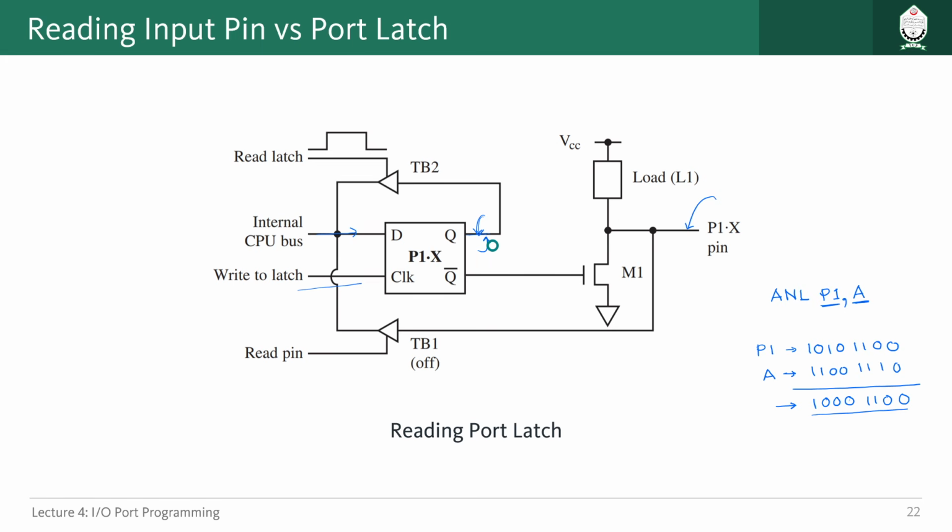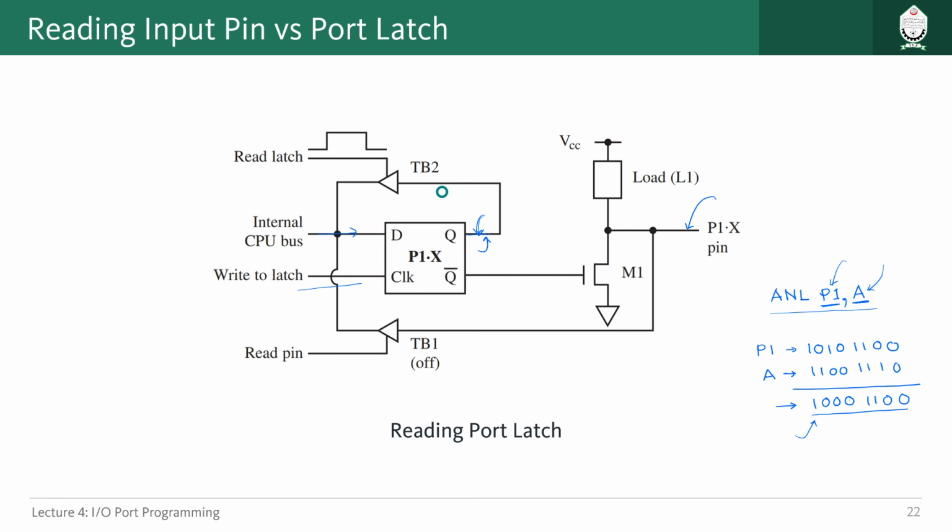Let's say in the previous instruction we have written something onto our port 1, and that value will be stored on this Q. Whenever we have this command, we will try to read that with the help of this read latch, and that value and the value of register A are bitwise ANDed together, and the result again will be written to our port 1.